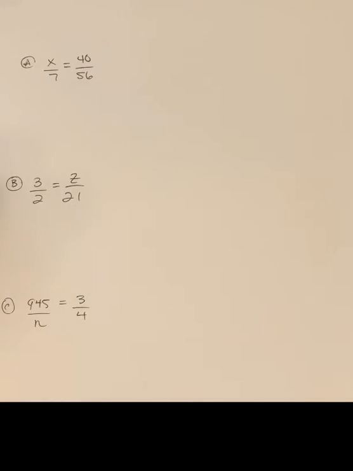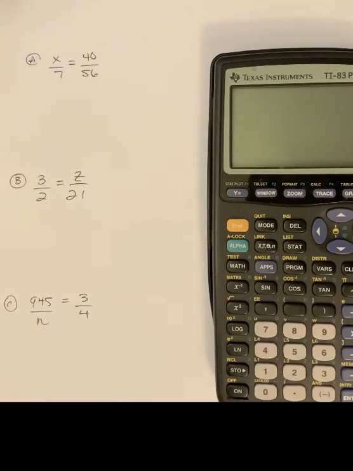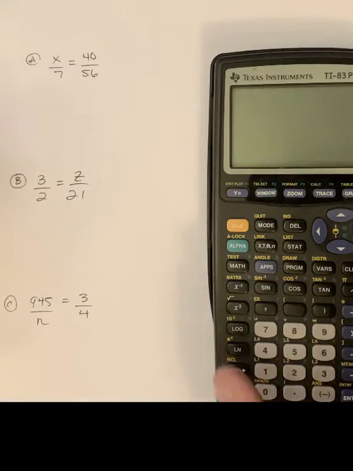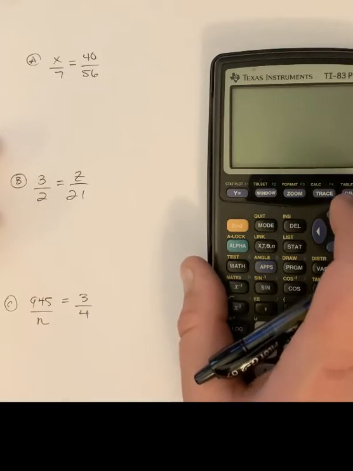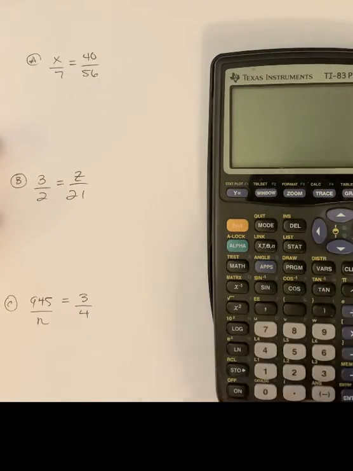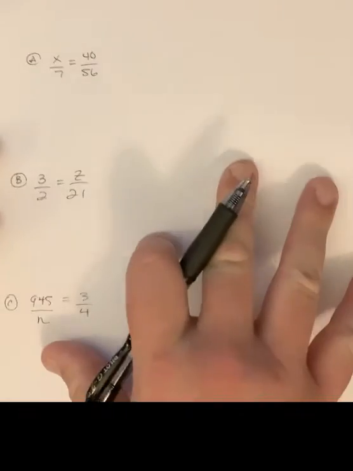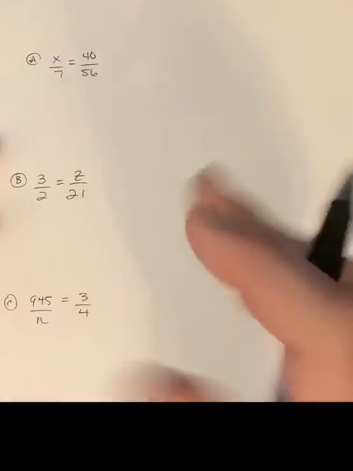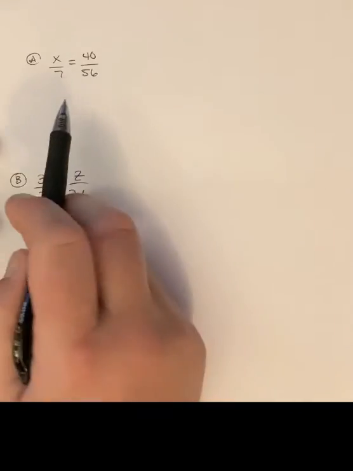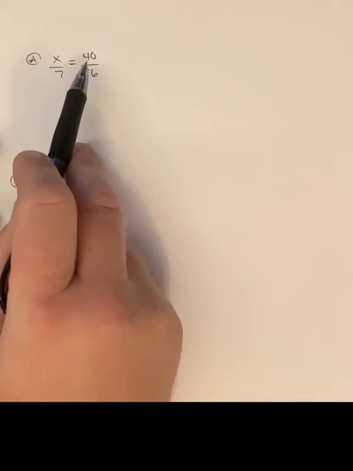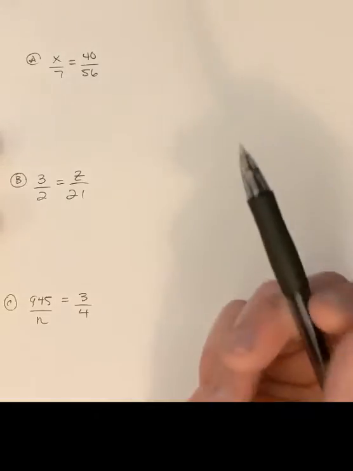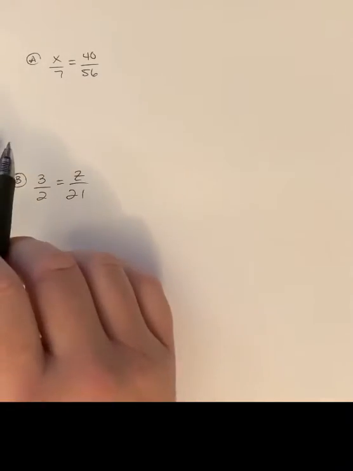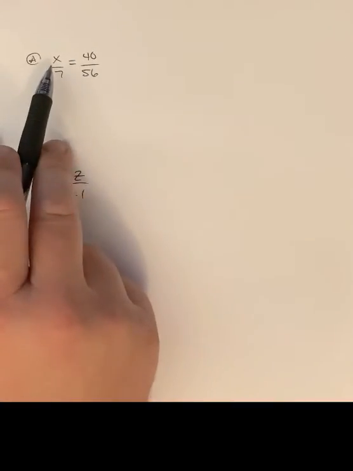All right, so 3 quick examples. We'll even break out our trusty calculator. Don't be ashamed to use the calculator. It's okay. It doesn't make too many mistakes. All right, so if we had to solve these 3 proportions, we'll just start at the beginning. x divided by 7 equals 40 over 56. We could take our cross product.